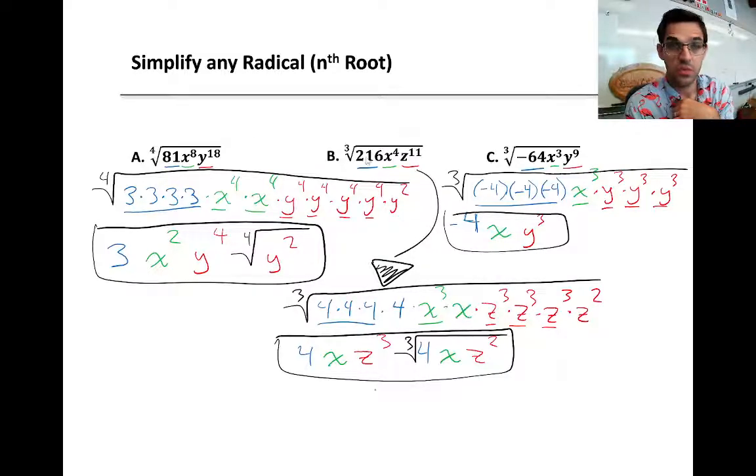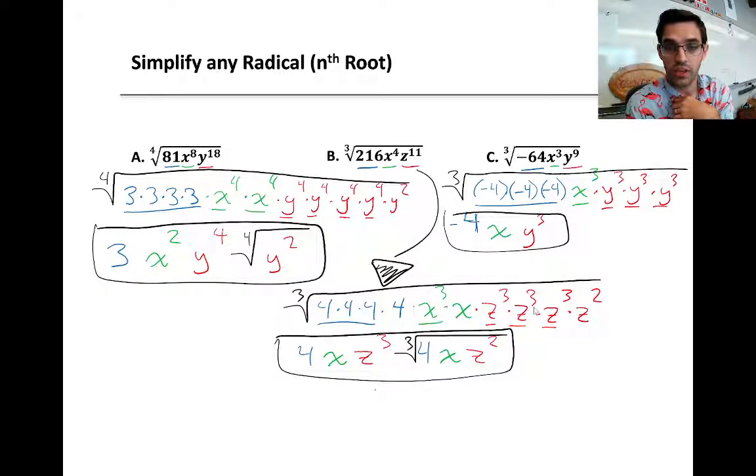Example B, 216 is 6 times 6 times 6. So 3 of them make a set that goes outside. The remaining 4 stays inside the radical. X to the power of 3 is 1 set with 1 left over. So we have 1 x out for the set, and 1 x inside the radical for the leftover. We have 11 z's, or as I call them z's because I'm an American, you probably call them z's.